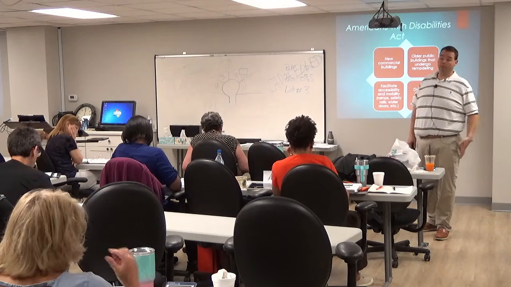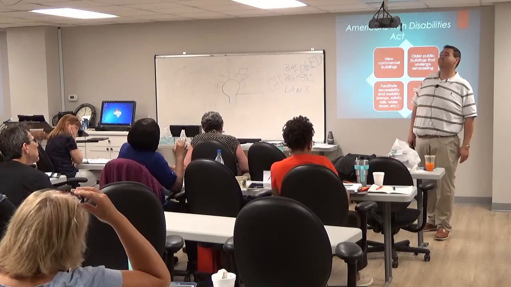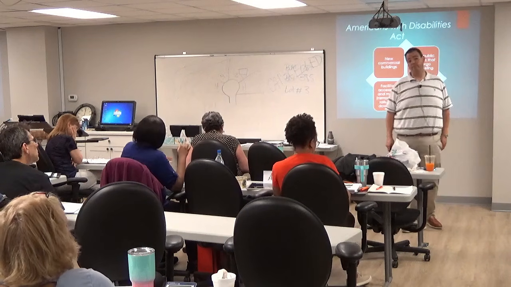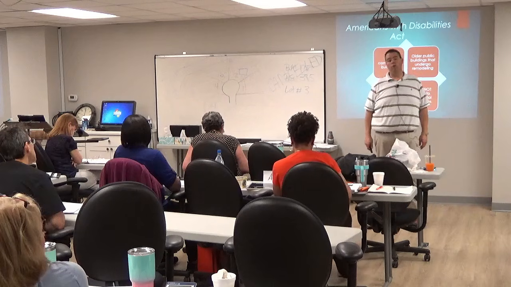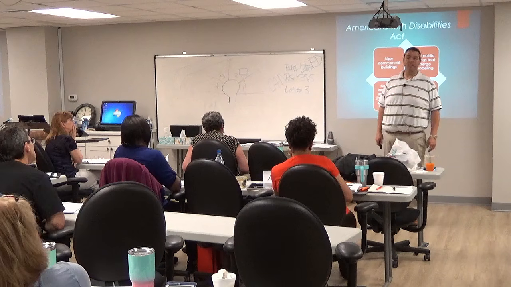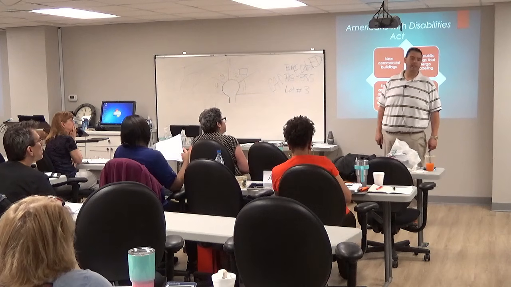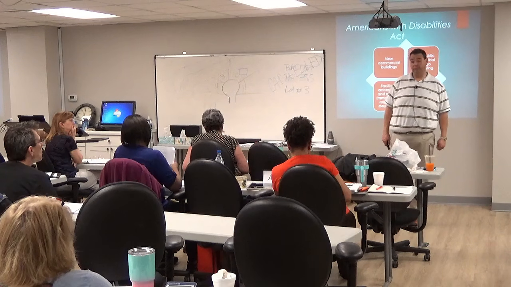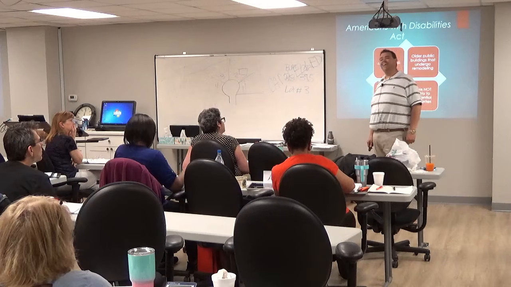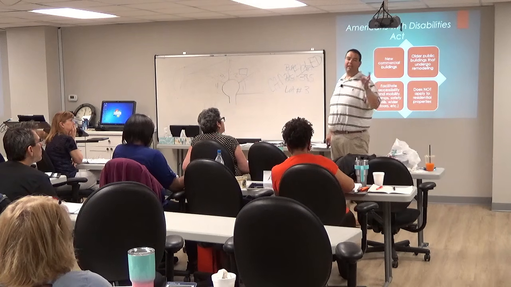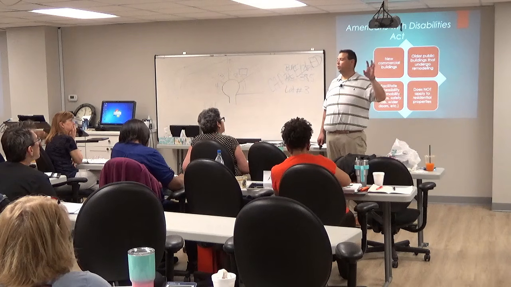By the way, coming to a website near you, this is going to be extended to the web as of next year. All of your publicly facing websites, so like if you have a website as a real estate broker, will have to be ADA compliant, which would mean, for example, all of the text has to be readable by a reader program.